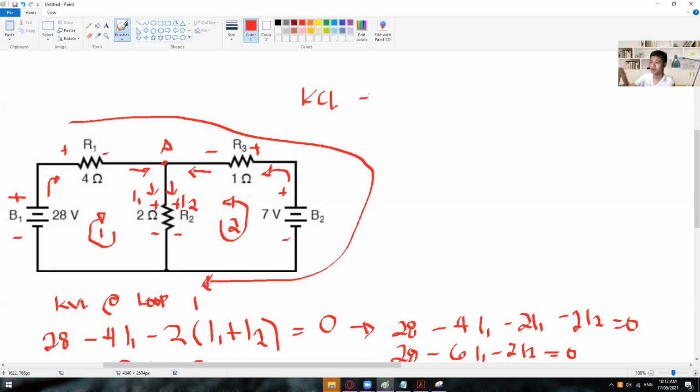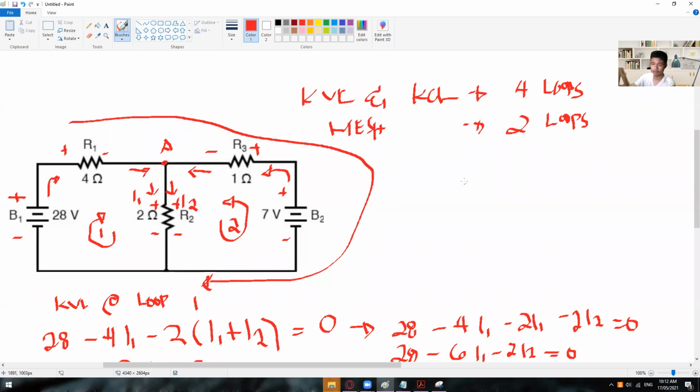So all in all, you'll have KVL, KVL, and KCL, which makes four equations. But if you use mesh analysis, you're going to have two loops only, wherein you'll be able to solve I1 and I2 right away instead of having a lot of equations. Of course, it will give you the same result.